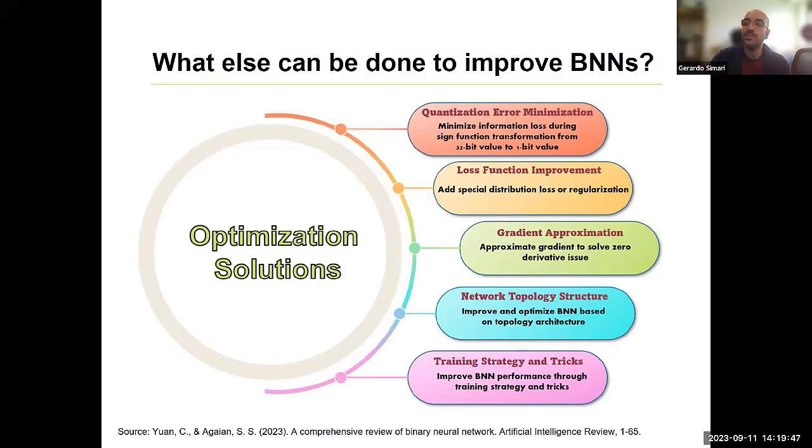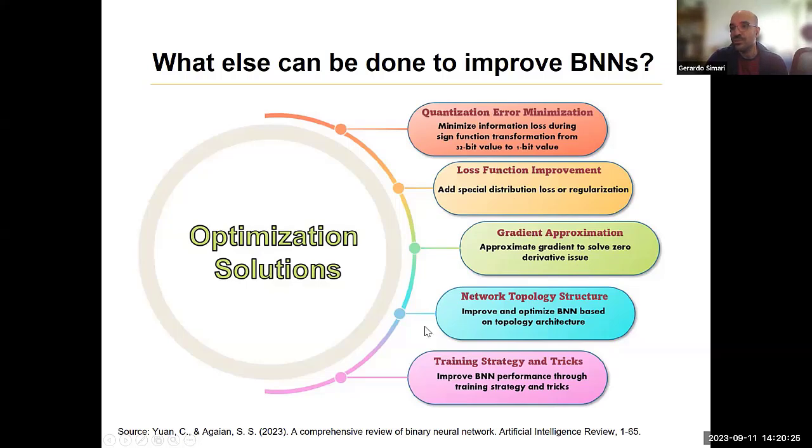Remember that I mentioned there's information loss going on with rounding errors and clipping errors, so we try to minimize that. Then loss function improvement, where you can add regularization, different distribution losses, and better gradient approximation, to solve this zero derivative issue, since what we saw was just the basic approach.